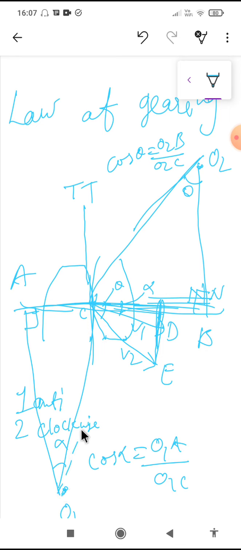If I connect this O1 and O2 here, there will be a point that we will call P. Now we have formed new triangles here.